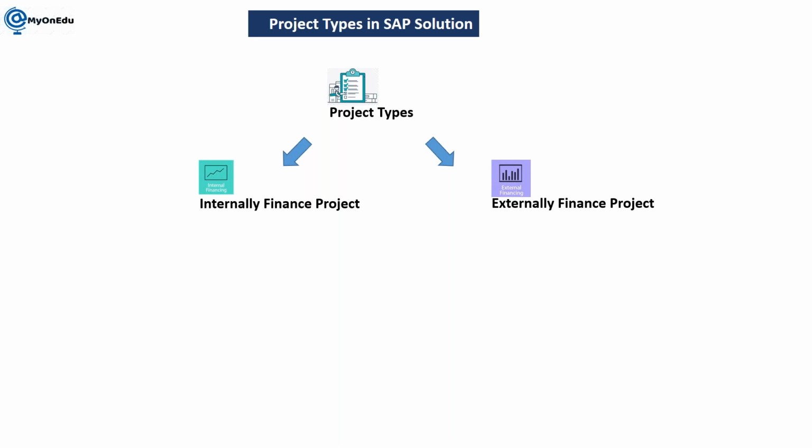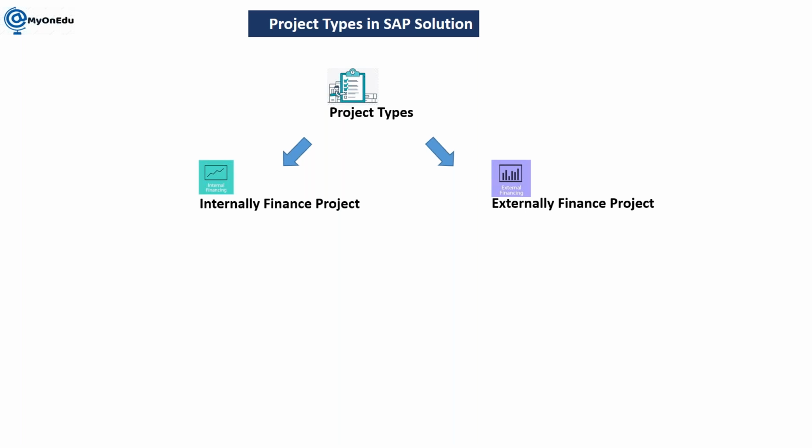To produce any product or to execute that project, you need revenue from your customer. So basically, this kind of project will be financed by an external party, which is your customer. Here in externally financed project, we also call it a customer project. So we have two types of project: first is the internally financed project, another is the externally financed project.